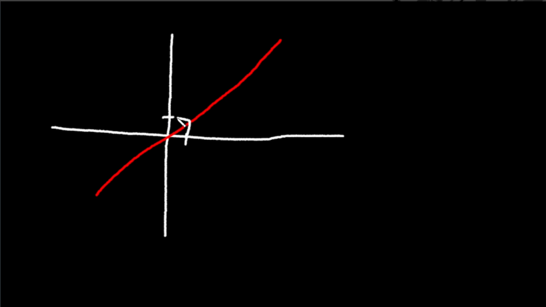So therefore the slope will be 1. On this side, when the line is going up, this is called the rise, and when the line moves across the x-axis, this is called the run. So run and rise.